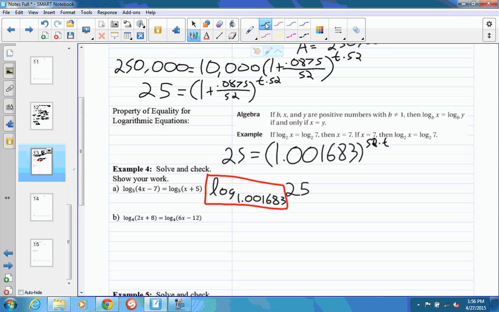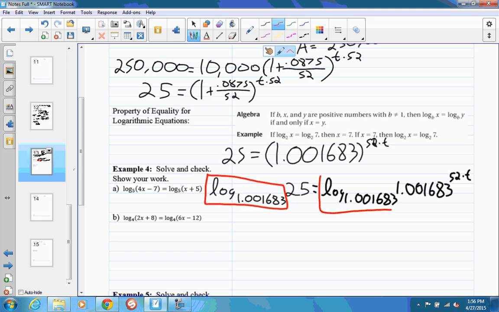This log base is the operation I'm doing to each side. So log base 1.001683 of this guy, 1.001683 raised to 52 times t.